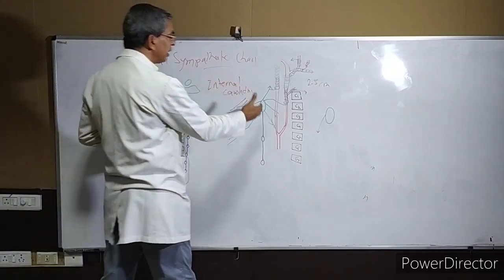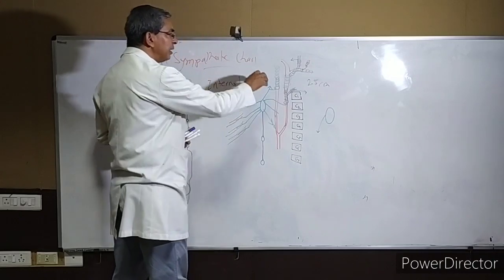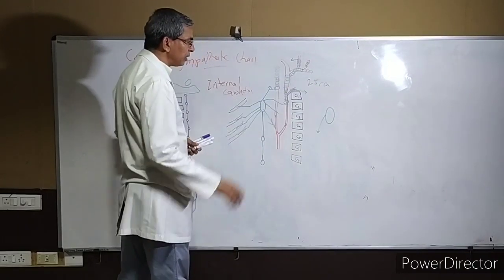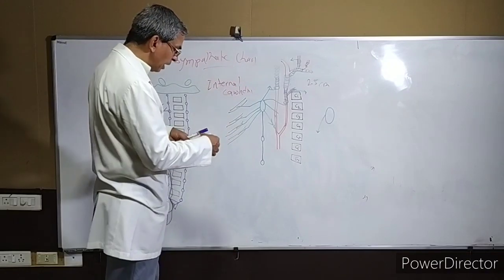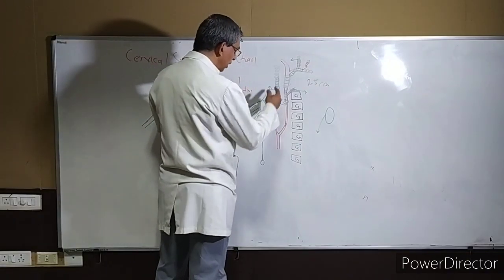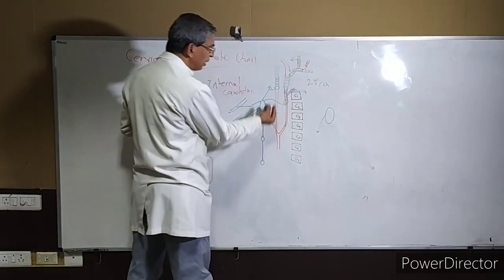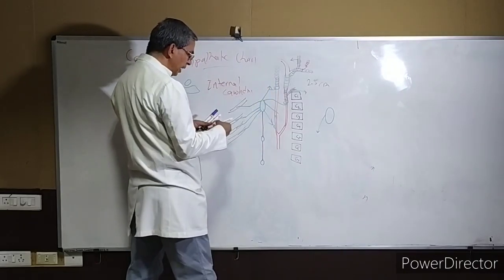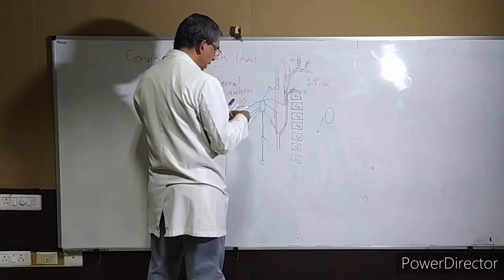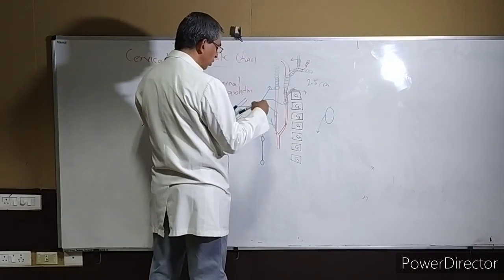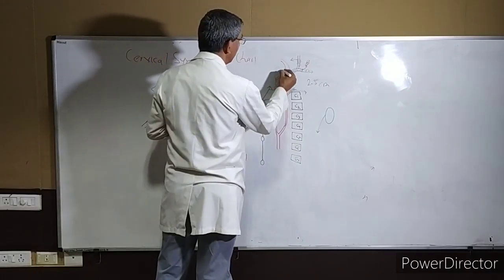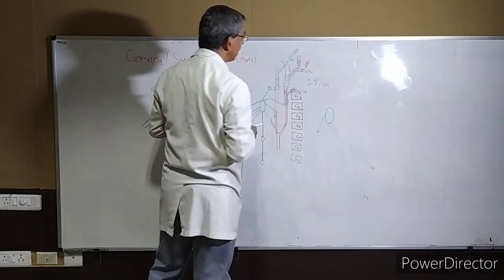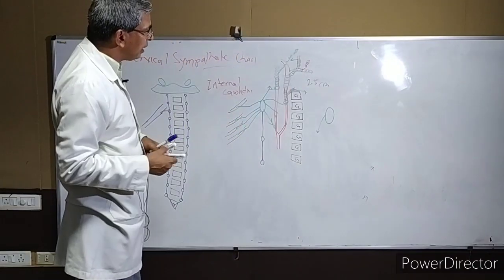Now, whenever this internal carotid artery ascends upward, this internal carotid nerve gives rise to further branches to certain structures. What are these branches? Look here. This internal carotid artery enters through the foramen lacerum and then enters the carotid canal. Here in this carotid canal, it gives rise to the caroticotympanic branches. These caroticotympanic branches pierce the carotid canal and enter the middle ear cavity.